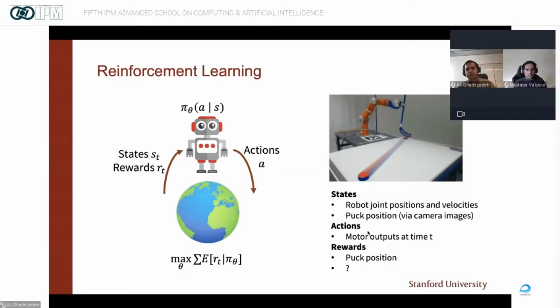So the actions can be a sequence of motor actions over time. And the reward in this particular example is constructed based on the final position, because our goal is to shoot the puck to a target position. But I will come back to this later, because for robotics, things are a little bit more complicated than they sound.